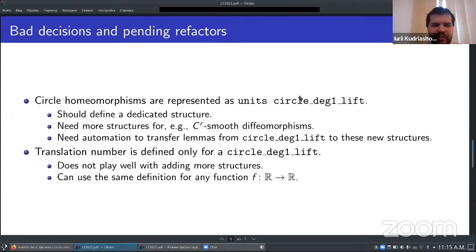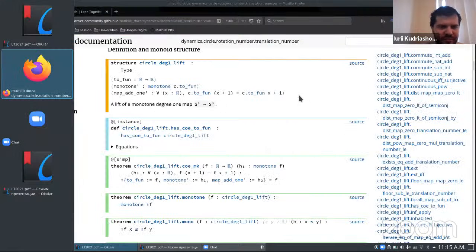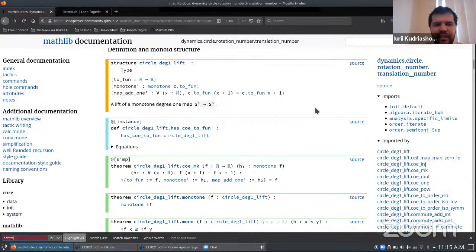Probably I should just get the definition.